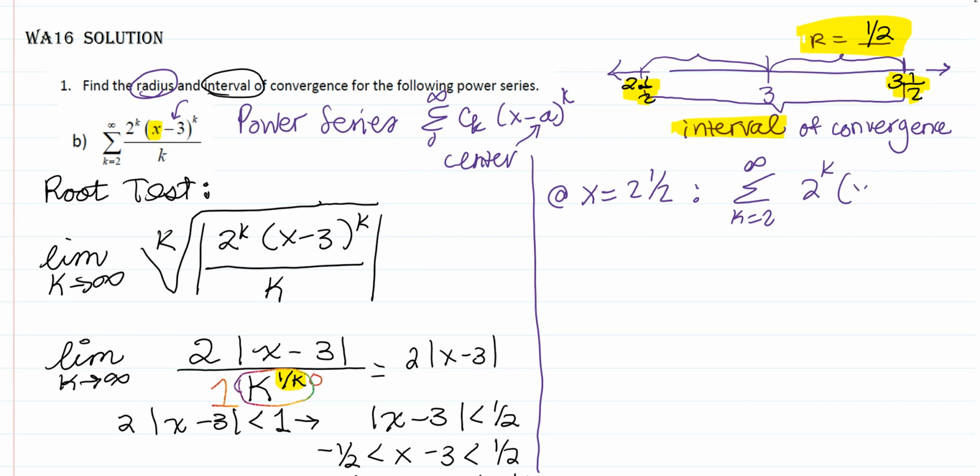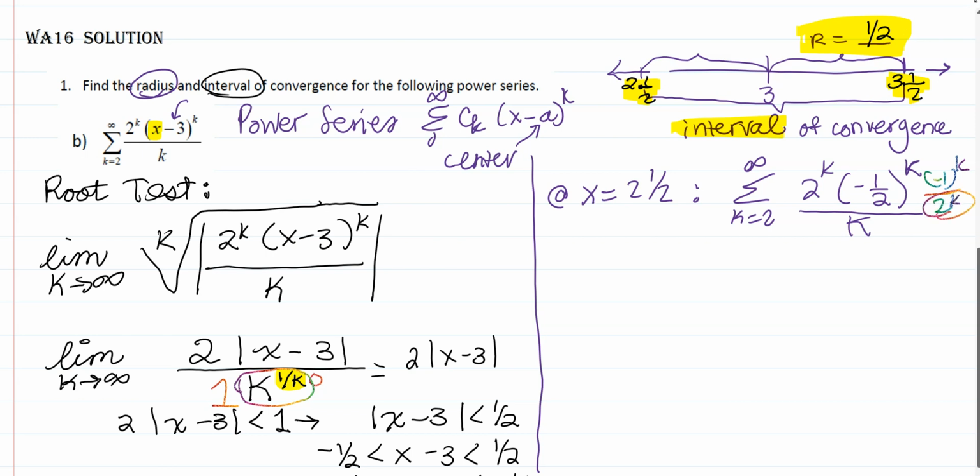Oopsie, I said plug in 2.5 for x, and 2.5 minus 3 is going to be negative 1/2, to the k power, all divided by k. Let's rewrite that for a second. Negative 1/2 to the k power is negative 1 to the k power divided by 2 to the k power, right?